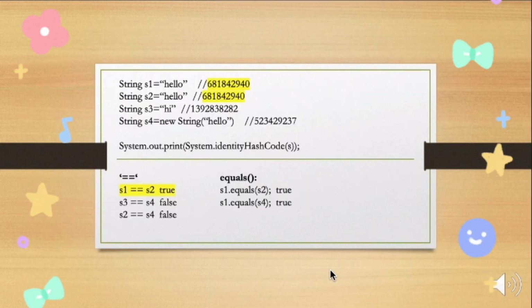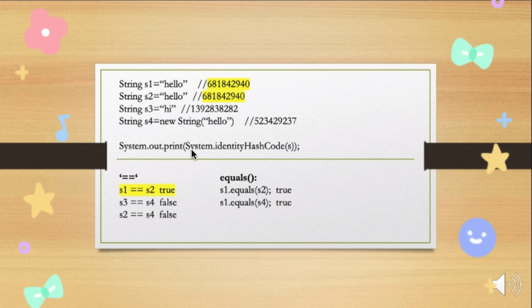So let's have a look at an example. Here we define four variables. They are all strings. For the first three variables, we just use an equal mark to assign the value directly to the variable. And the last one, we create with the new String method. Let's have a look at the addresses.